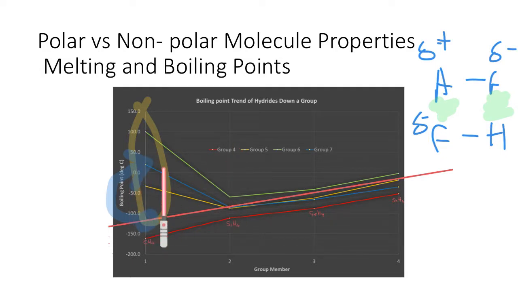Group 5, we have ammonia. NH3 is our first member. Again, hydrogen bonding between molecules there. Group 6, our first hydride would be water, H2O. Again, really strong hydrogen bonding between the molecules for water as well. And that causes this big leap in the boiling points. It's melting and boiling points, but here we're looking at boiling points.